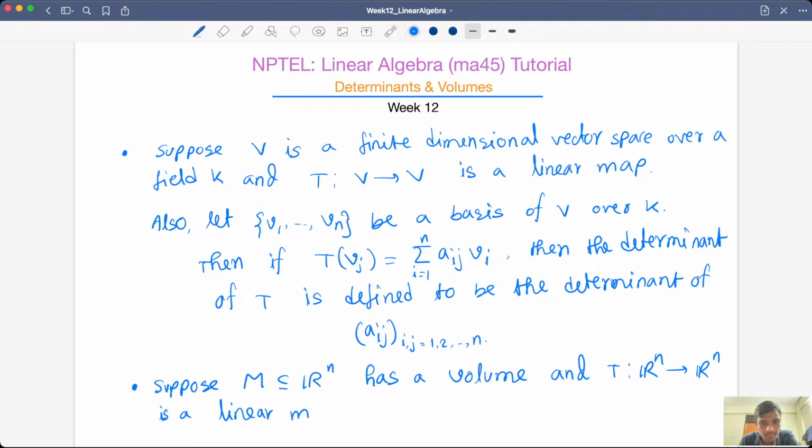Then consider the volume of the image of this subset M.